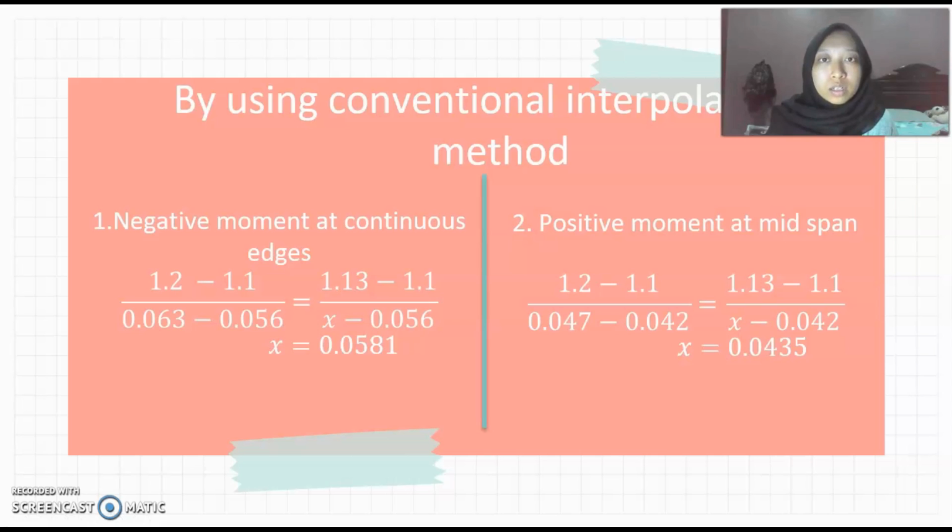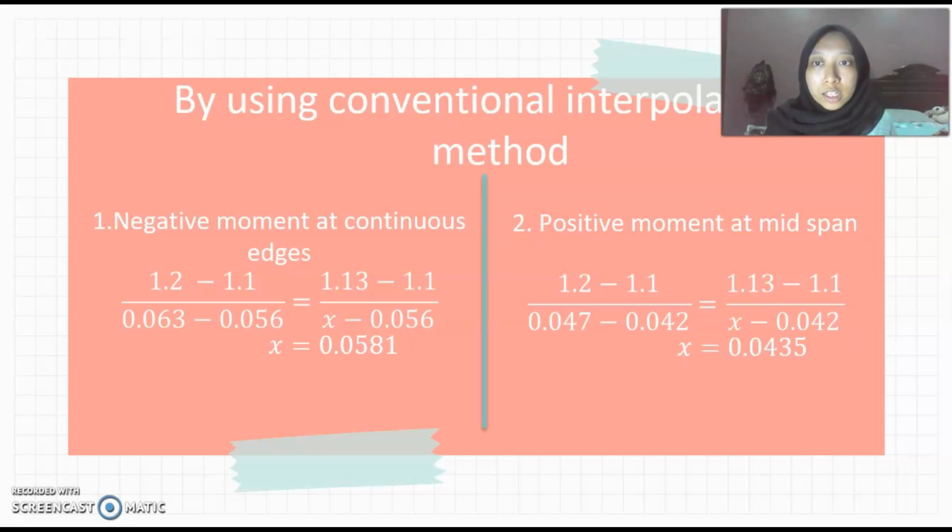Okay, so next is finding the bending coefficient by using the conventional interpolation method. There are two types of moment. The first one is the negative moment at continuous edges and the positive moment at midspan.